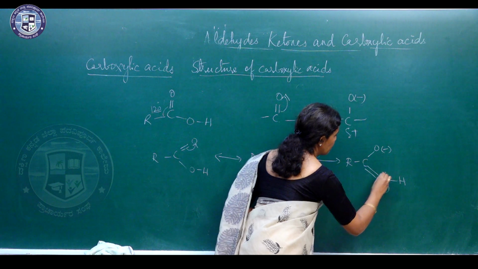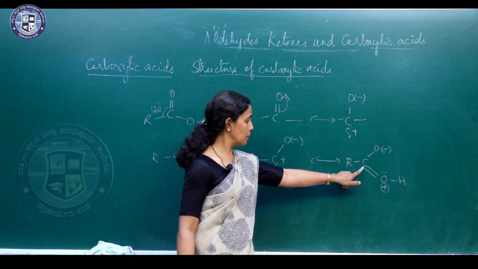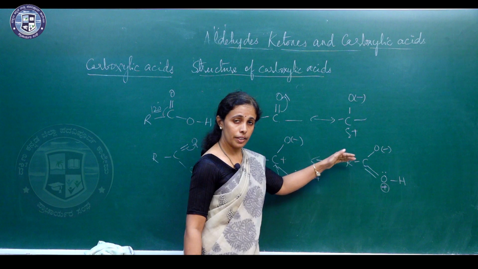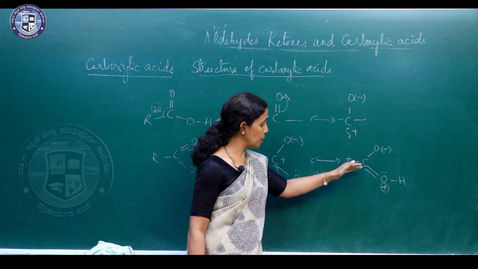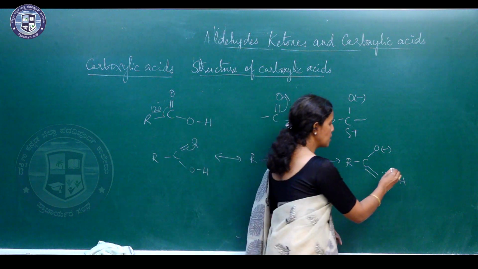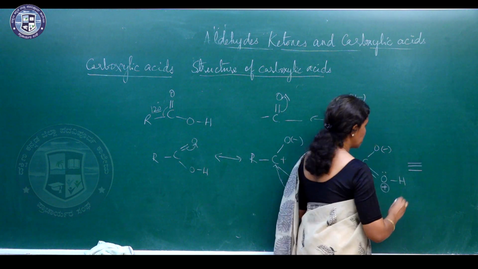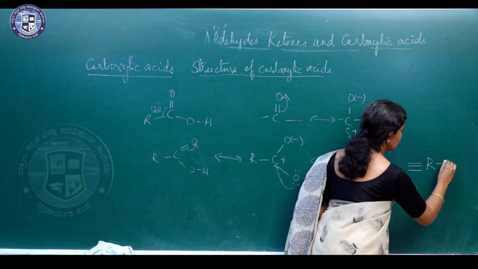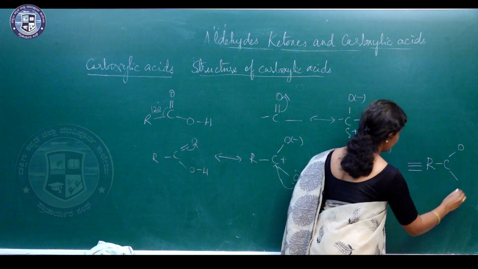This oxygen attains the positive charge. The electrophilicity of the carbon atom gets reduced here, and hence you can write the resonance structure as this. These are the different resonance structures.